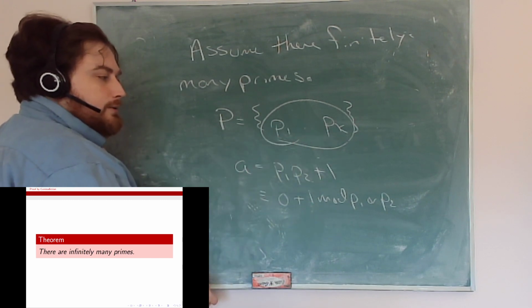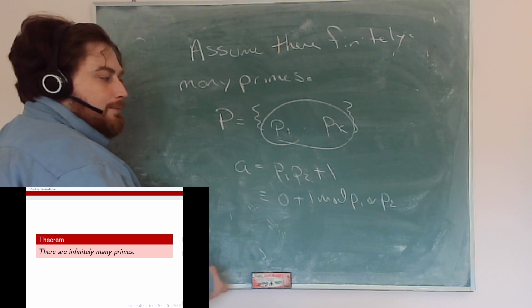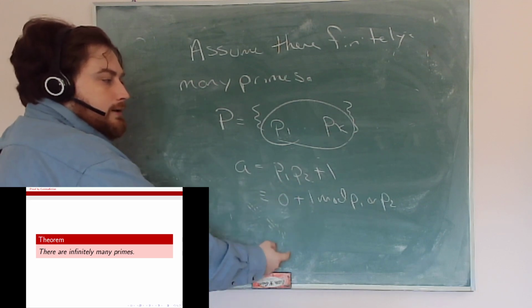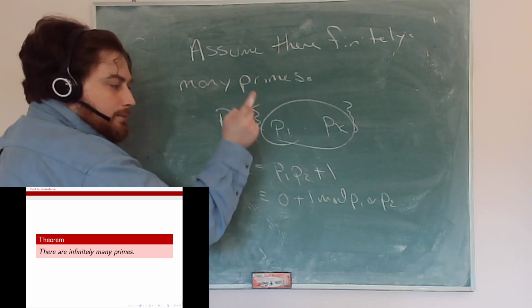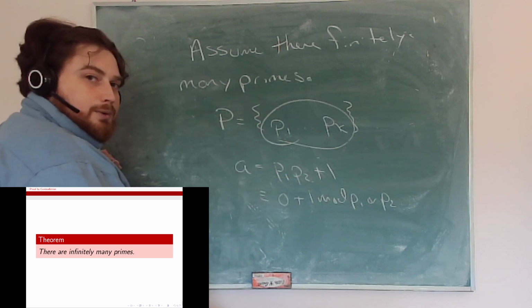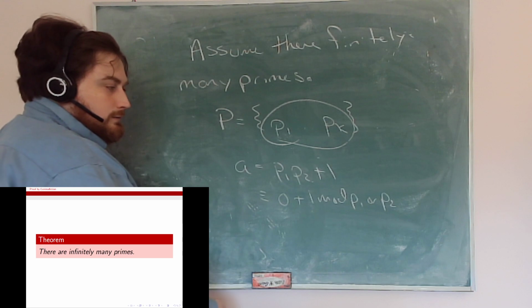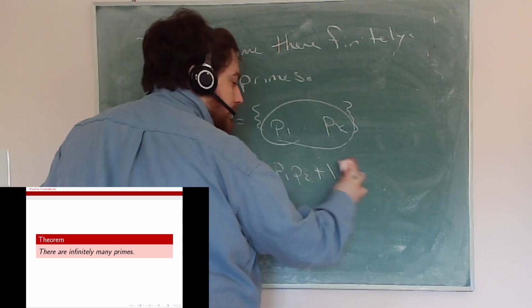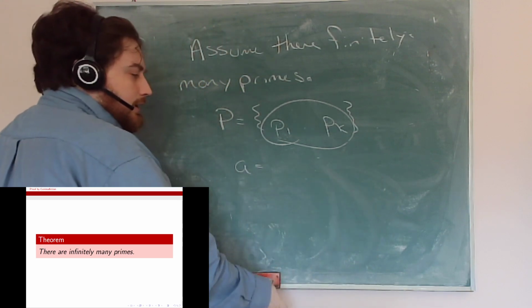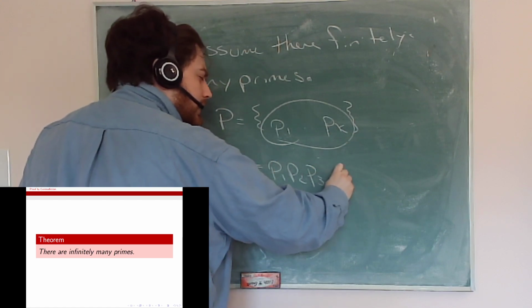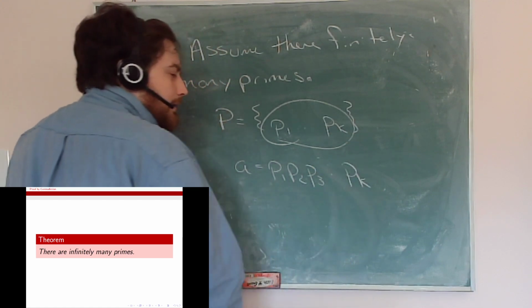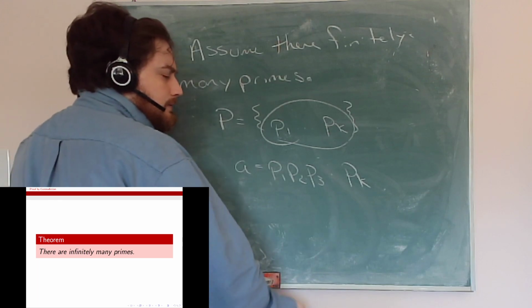So if I wanted something that was congruent to 1 mod both p sub 1 and p sub 2, I could multiply these together, add 1, and so therefore this number cannot be divisible by p sub 1 or p sub 2. Well, since I want it true for all of the p sub i's, let's just take p1 times p2, p3, all the way up to p sub k and multiply those all together.